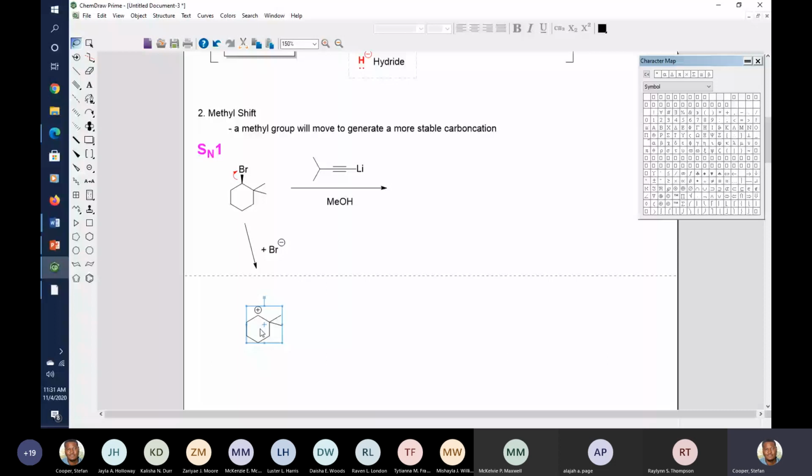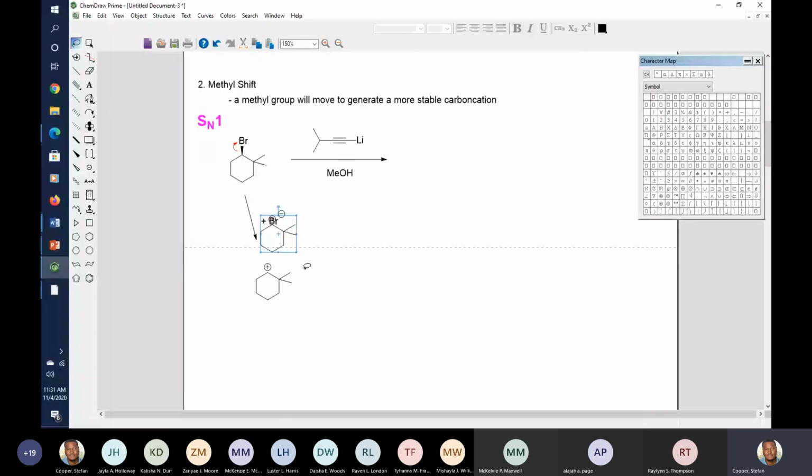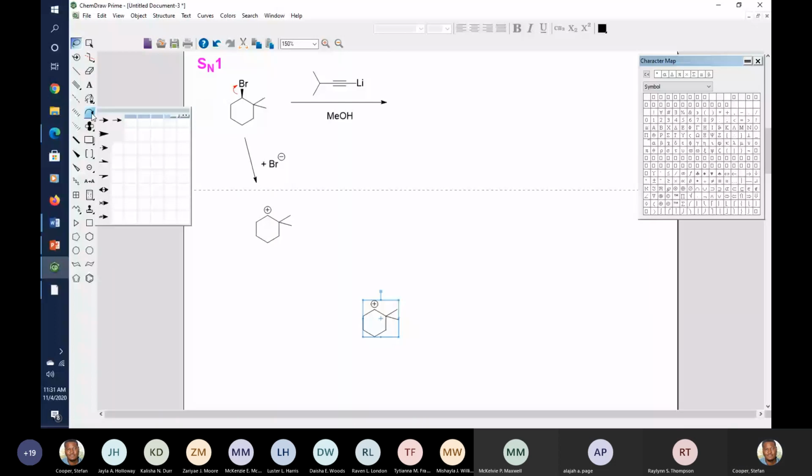All right, so you see what happens now. We have to always train ourselves to say, when I draw a carbon cation, I need to check for potential rearrangements. All right, so I'm going to draw this down here because I want to use this again for a teachable moment. On my left-hand side, I have a what over here?